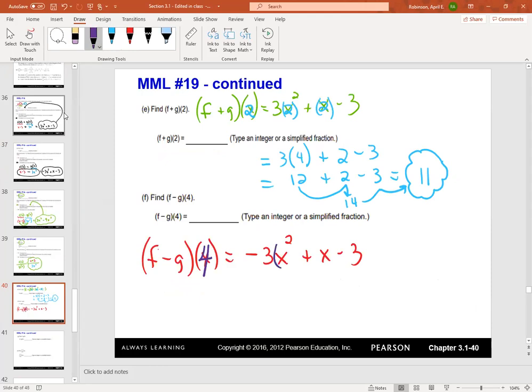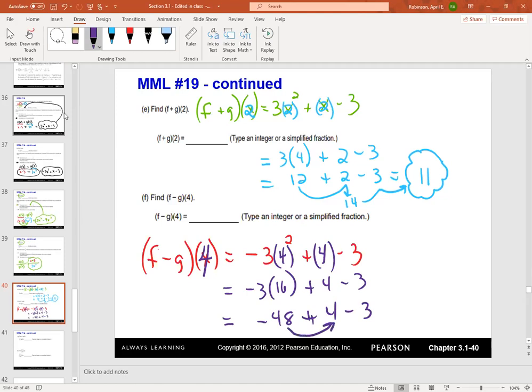So wherever there is an x, I am going to put in a 4 and then simplify it. So this is going to be negative 3 times 4 squared, which is 16. Then multiply next, that's negative 48. And then go left to right. Negative 48 plus 4 is negative 44. And then negative 44 minus 3 more is negative 47.